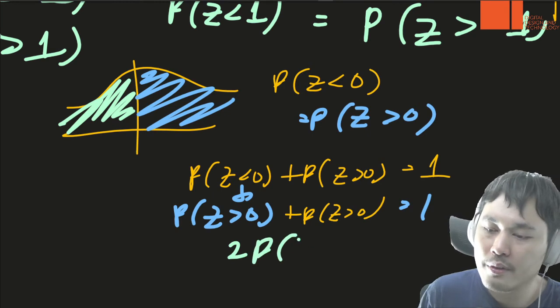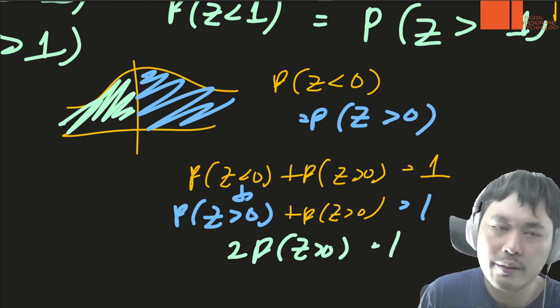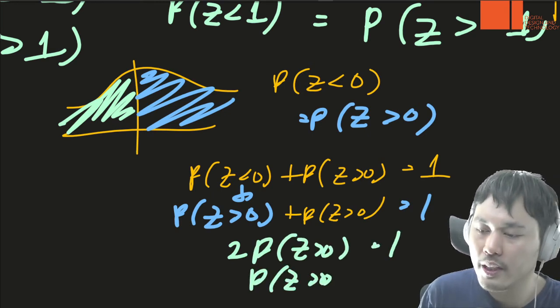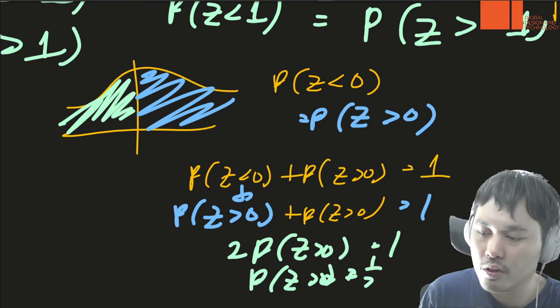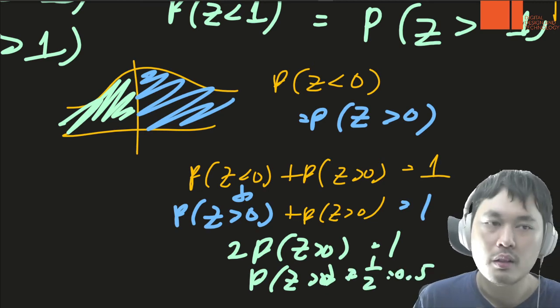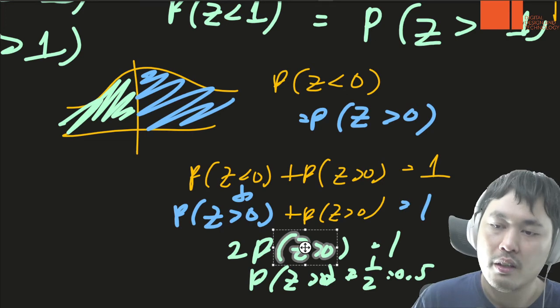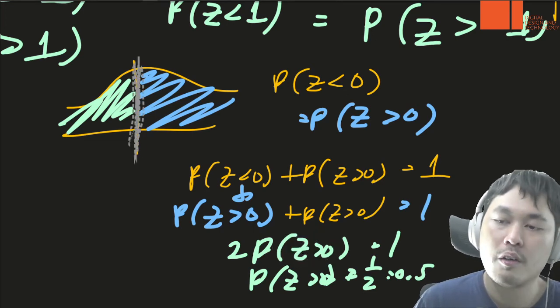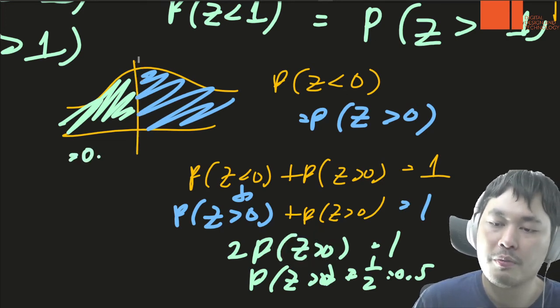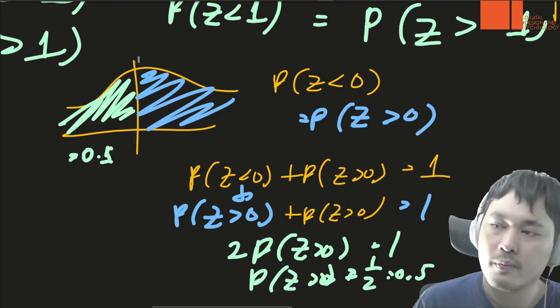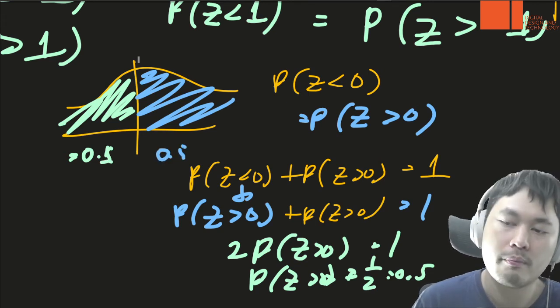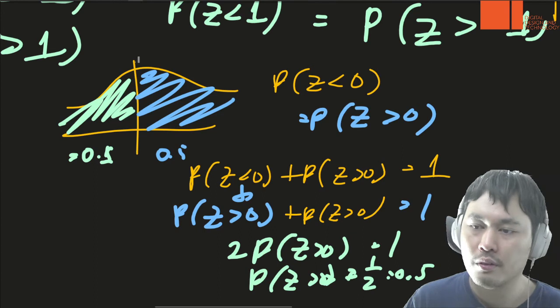So 2 times that equals 1. Or in other words, P of that is 1/2, or 0.5. So what this is saying is the area to the left of the center, or of 0, is equal to 0.5, as well as the area to the right of that curve is also 0.5.